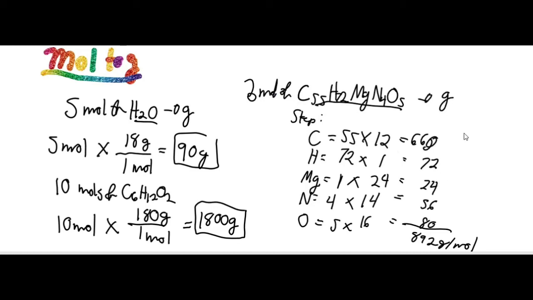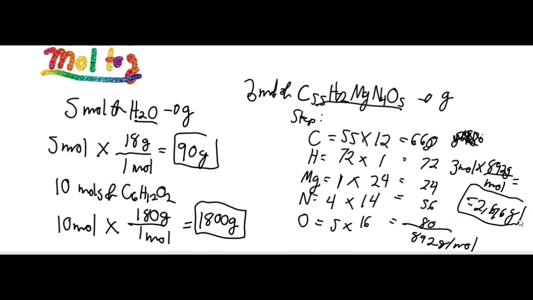So we have 892 grams, so 3 moles times 892 grams divided by mole is equal to 2,676 grams. And that would be our final answer.